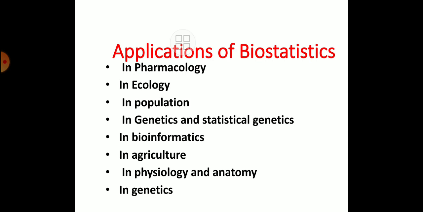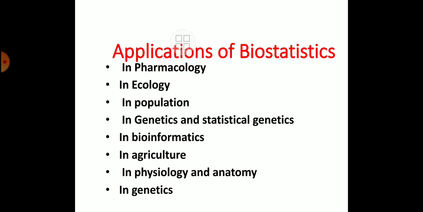Now, the second most important point from this unit is the applications of biostatistics. As we have seen, a wide range of biology is there. So many disciplines of biology are there. In each and every discipline of biology, there is a use of biostatistical techniques.